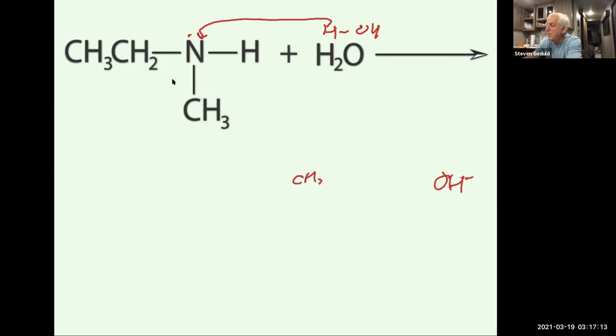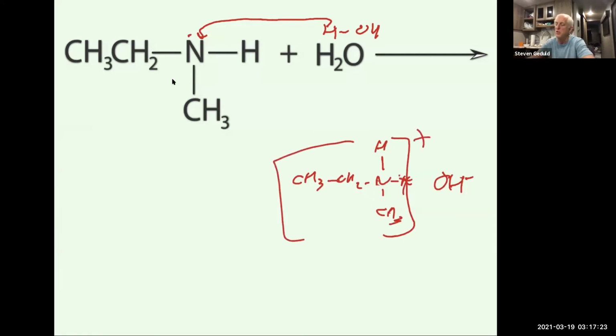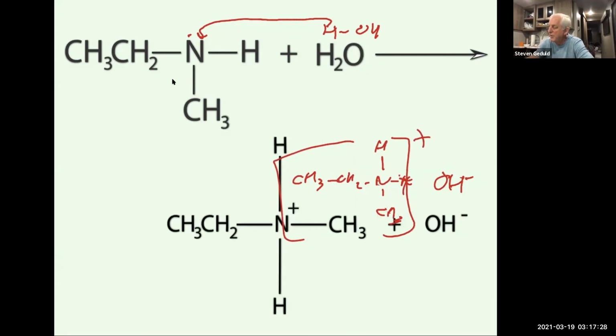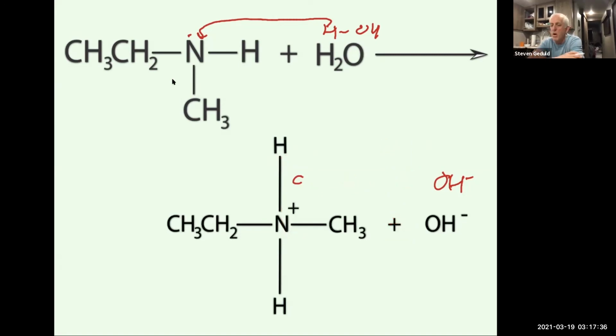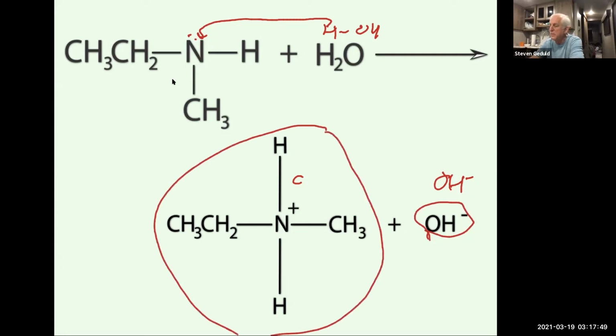You get the CH3CH2 and the NH with H, H, and you get a plus. So you get your ammonium salt. Just gotta remember, water is HOH, and the hydrogen attaches to the nitrogen, and you get OH minus in solution, and then you get your ammonium salt, which has a charge with it.